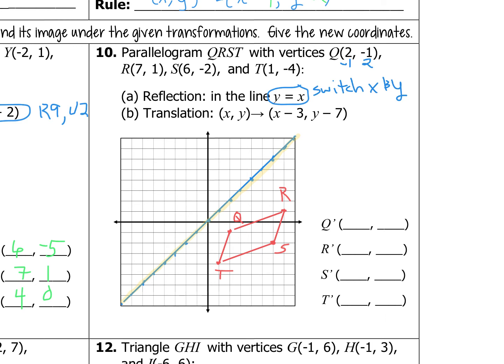So let me write that on here. So -1, +2 would be my q. And then for my r, it would be 1, 7. So to the right one, up 7. That would be my r. And for s, it would be -2, +6. So here's my s. And then for my t, it would be -4, +1.